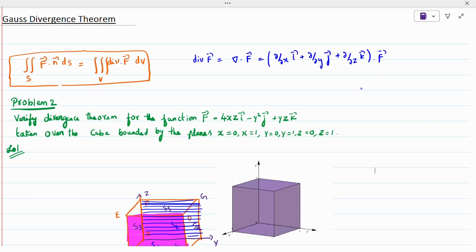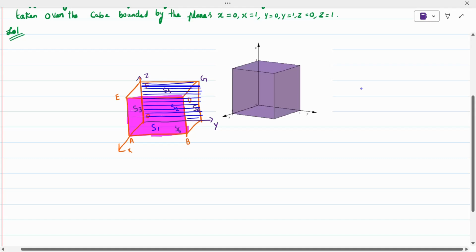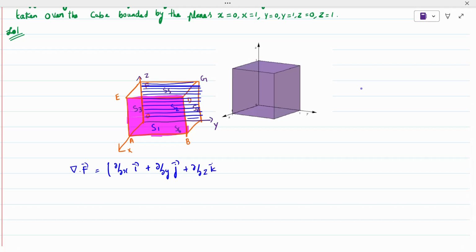So step by step, I will do del dot f vector first. My del dot f vector: when I multiply it, del formula is already written, so as it is I will write it. Dou by dou x of i vector plus dou by dou y of j vector plus dou by dou z of k vector, dot f as given in the question: 4xz i vector minus y square j vector plus yz k vector.